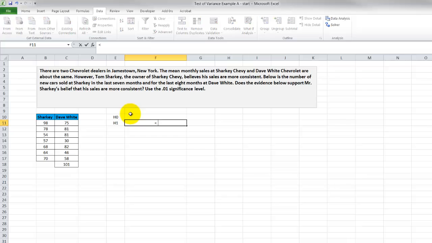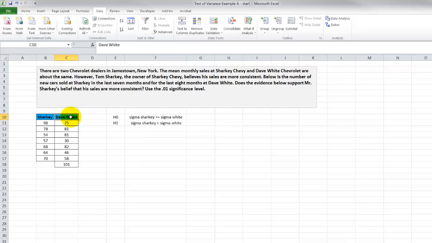We have more consistent, so we know that'll be a less than. We have sigma Sharkey is less than, meaning it's more consistent than, sigma White. Again, I always like to write the alternative first and then go back and write the null. So we have sigma Sharkey is greater than or equal to sigma White.